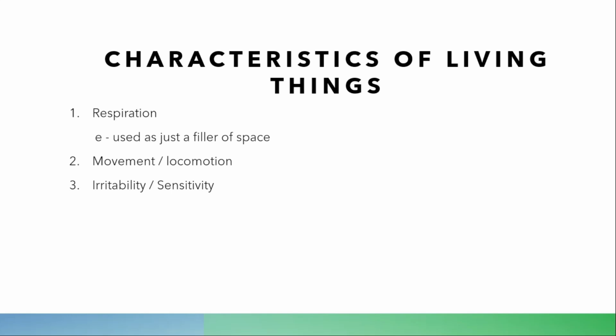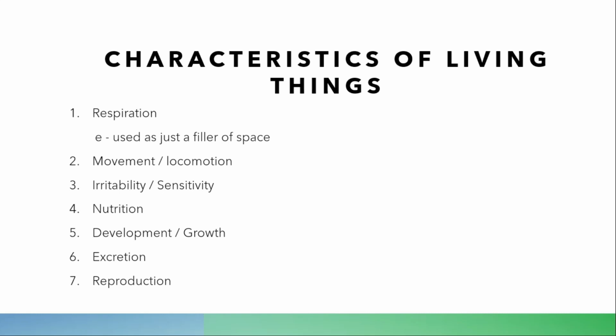Number 4, nutrition. Number 5, development / growth. Development, growth, pretty much the same thing, we're going to be looking at that in a bit. Number 6, excretion. What's missing? The last one is going to be reproduction.